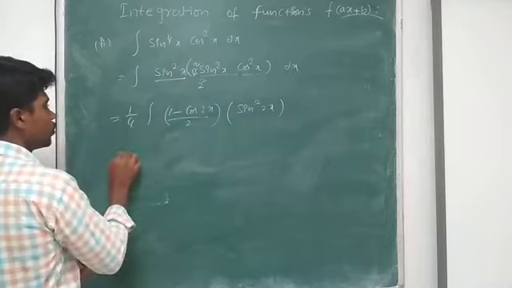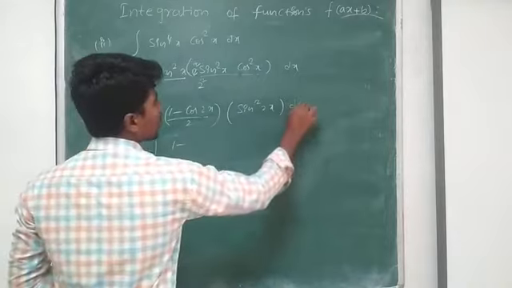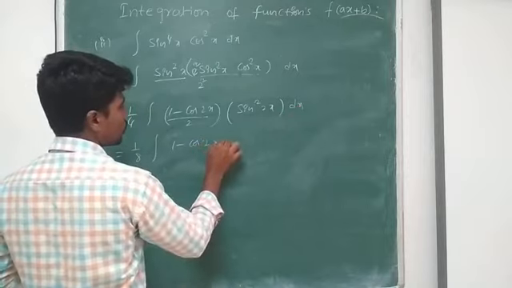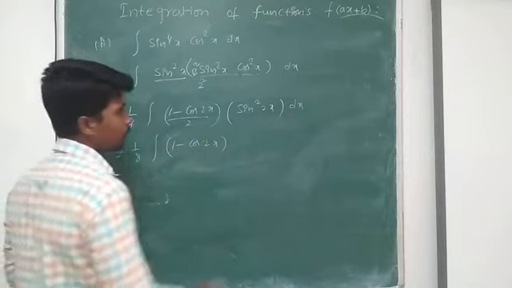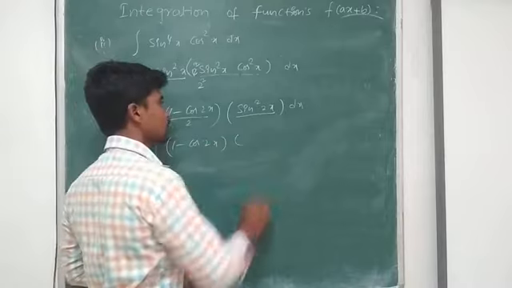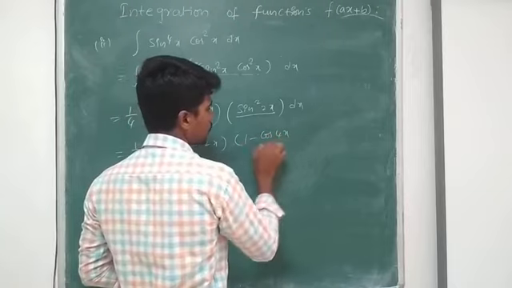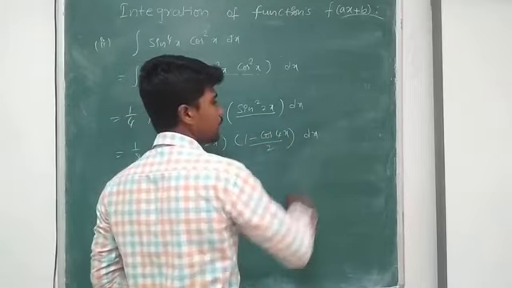So again, if I take this 2 outside, 1 by 8 integral 1 minus cos 2x into sin square 2x. Again, sin square 2x I have to simplify, so sin square 2x can be written as 1 minus cos 4x by 2 dx.